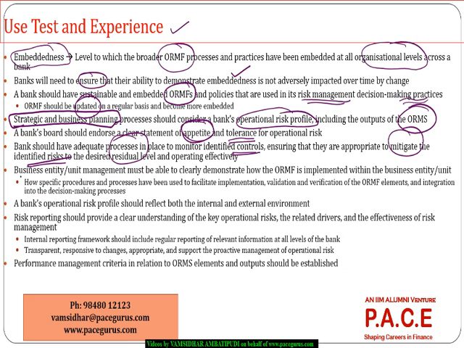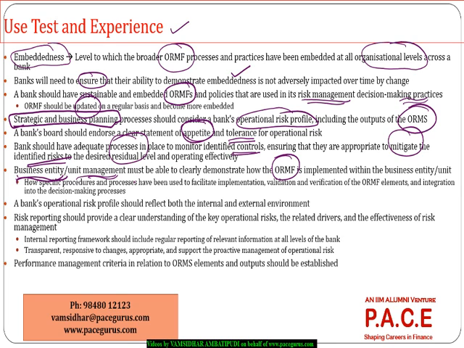Now, across the layers, the management, whether for the entire company or for a single business unit, should be in a position to clearly demonstrate how the operational risk framework is implemented within that particular organization or business unit.